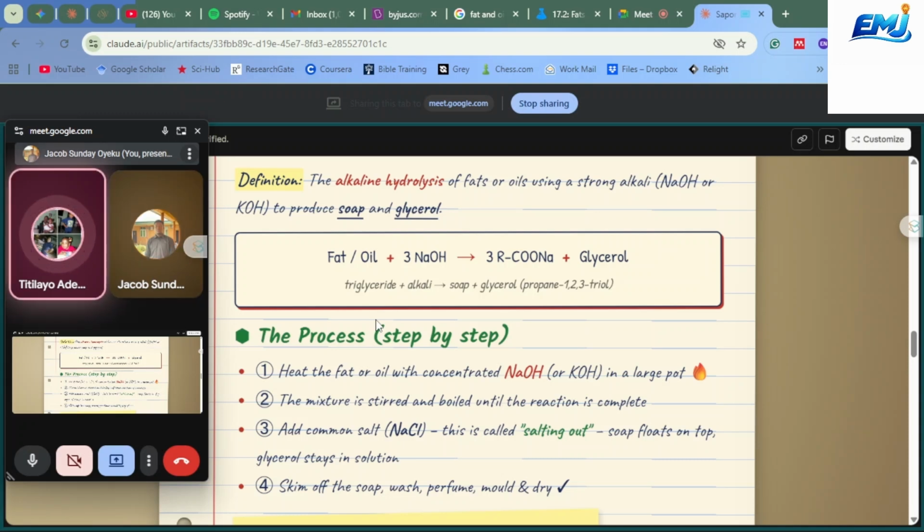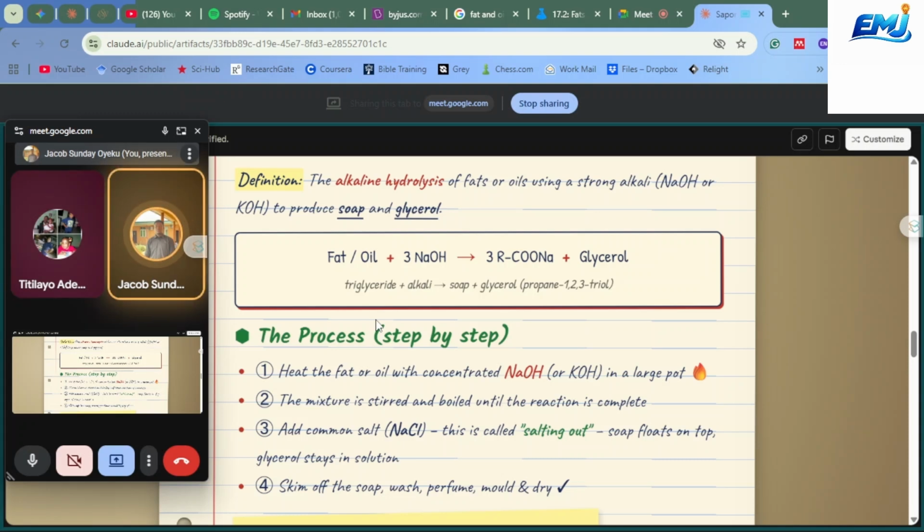And then fats and oil, they are esters. But their ester is formed from what? 3 fatty acid and glycerol. So I think that should do it.